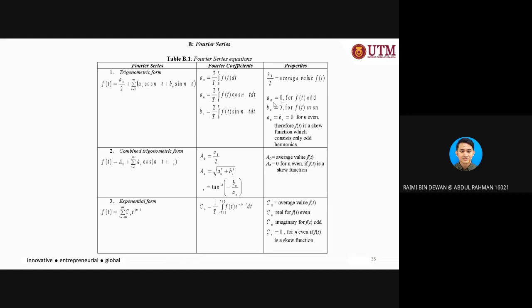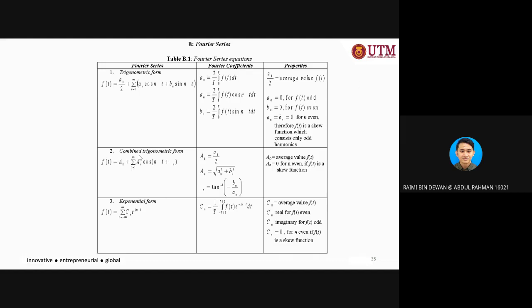An is 0 for f(t) odd, and bn is 0 for f(t) even. So an and bn equal 0 for n even. Therefore, f(t) is a skew function which consists only of odd harmonics. For how to draw the skew graph, you can refer to the previous slide, which shows how the skew function or skew signal looks.